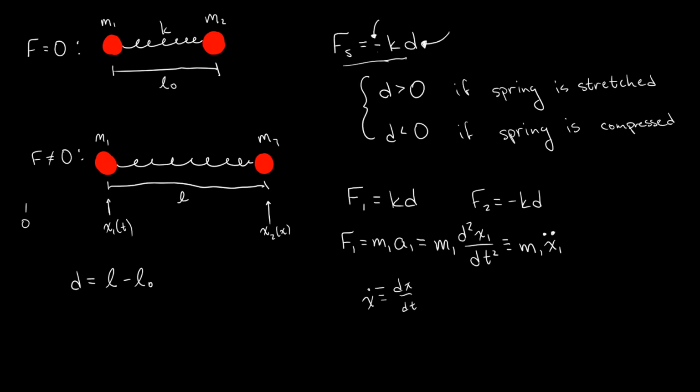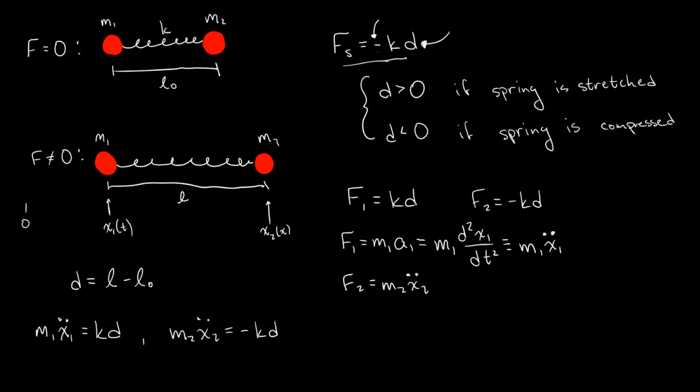That's a definition. It just saves a bunch of writing. So we can do a similar thing for F2. This is just m2 x2 double dot. And now we have our two equations. m1 x1 double dot is equal to k times d. And then m2 x2 double dot is equal to minus k times d.